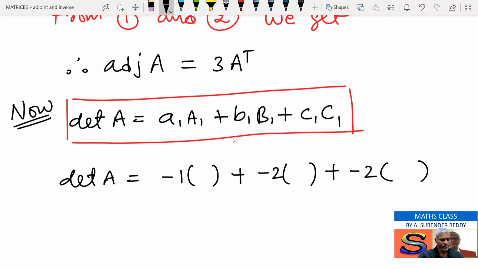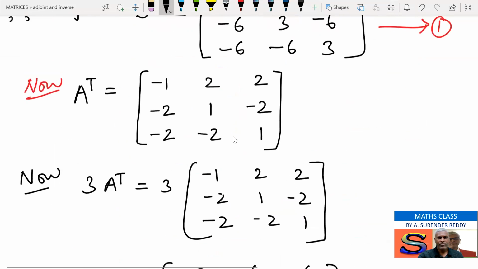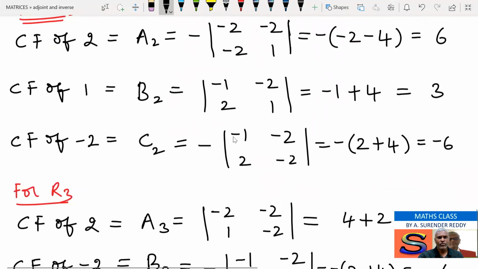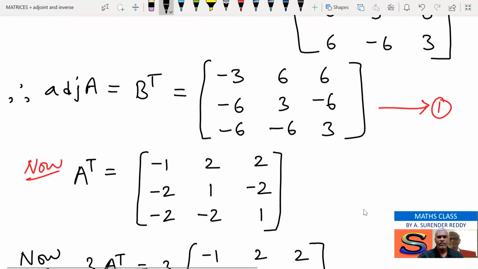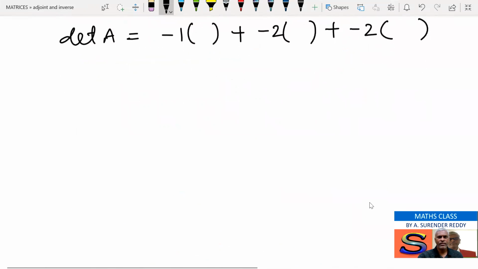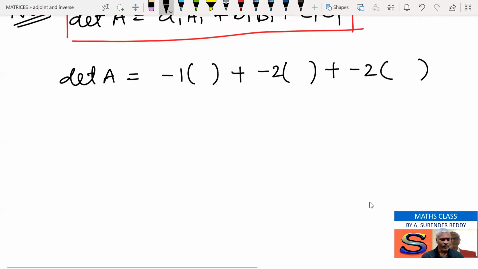The cofactors of first row are -3, -6, -6. So multiply with cofactors. So -1 into -3 is plus 3. -2 into -6 is plus 12.